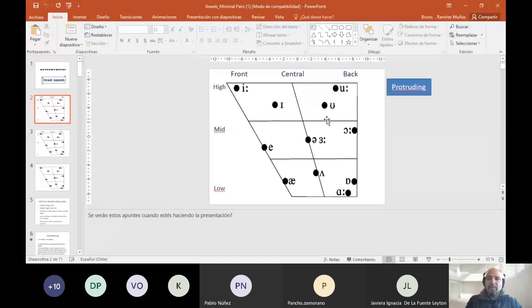I'm saying that this is the one that we're going to be using for evaluation purposes. But we need to understand that sometimes other dialects may have, in terms of position of the vowel sounds in the chart, a different area, okay? So I'm going to make sure that you have this same presentation in the LMS, so you can take it as an example to study, all right? Okay, thank you. No problem.